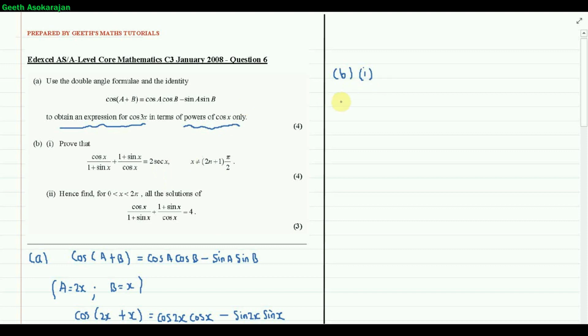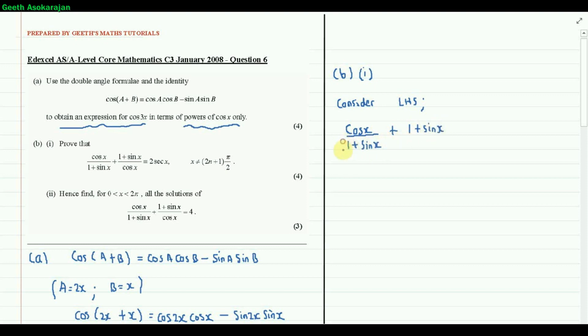So I'm going to consider the left hand side. In this case we have, let me copy that down, cos x over 1 plus sin x, plus 1 plus sin x.